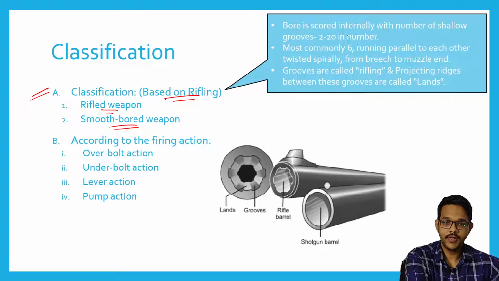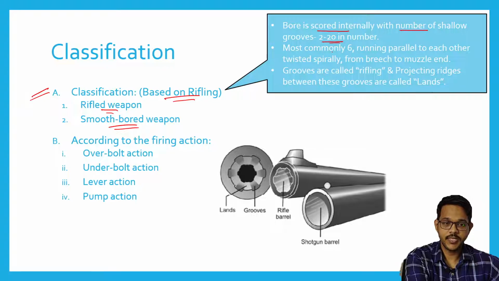So rifling is a way in which the bore is scored internally with a number of shallow grooves, 2 to 20 in number. The bore, as I told you, the lumen of a barrel, is called the bore. So in the bore they are scored. There is a depression caused in the barrel internally with a number of shallow grooves.